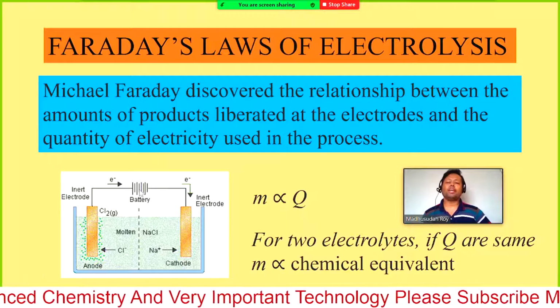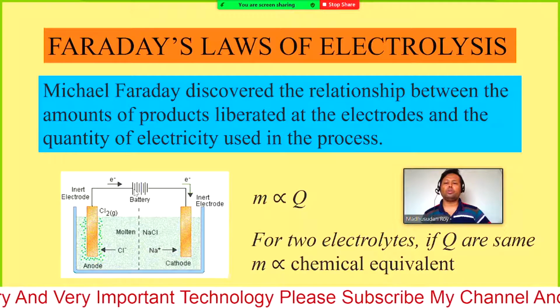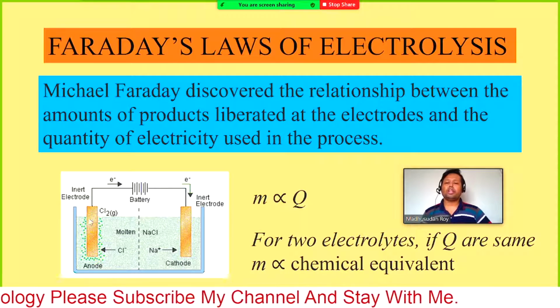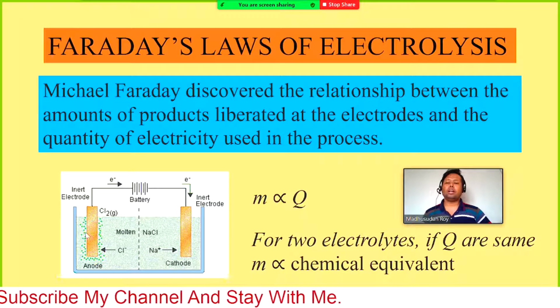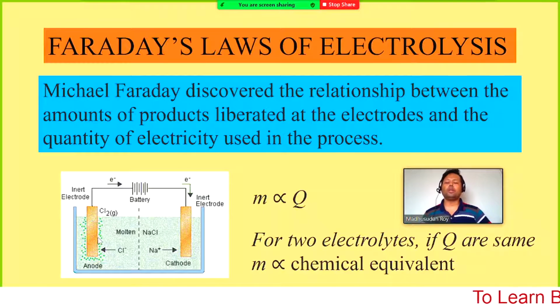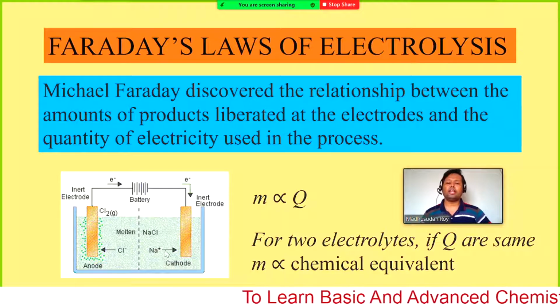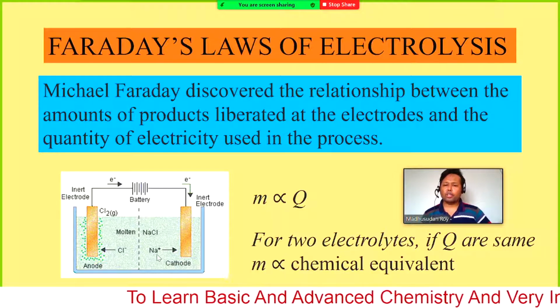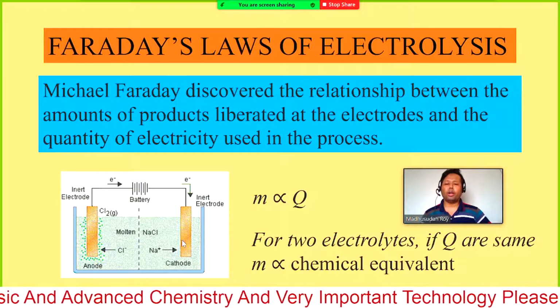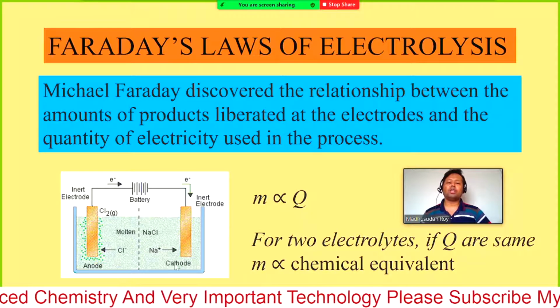Now we have taken some electrolyte and some electrodes dipped into the electrolyte. When you supply some electricity through the electrodes, some of the electrode will reduce in size or decompose, and some of the electrode will gain in size. Here you can see this sodium ion is attacking the cathode and joining it to increase the size of the cathode.